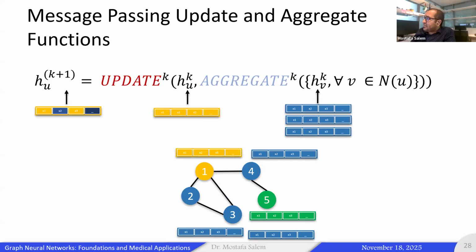Aggregate means I have to combine the 3 blue embeddings into just one embedding. Update means I have to combine the yellow embedding with the aggregated 3 blue embeddings, and it changes the embedding of node number 1 to be the updated version after the combination.